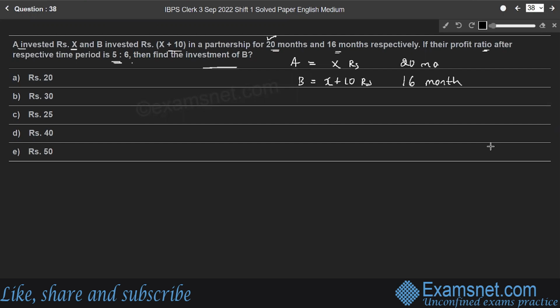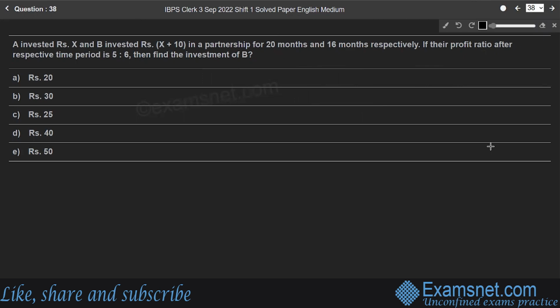Based on the profit ratio, we know that profit is directly proportional to investment into time. Therefore, their profit ratio is nothing but the ratio of their investment into time. So based on that, we need to find the investment of B. Let us go step by step.